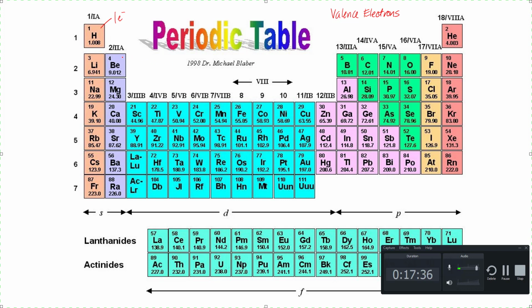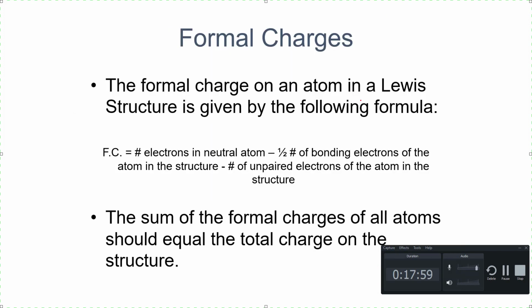We won't do much this semester with alkaline earth metals, but they would have 2 valence electrons. Boron would have 3, carbon would have 4, nitrogen 5, oxygen 6, halogens 7, and 8 for the noble gases. So we need a periodic table in order to determine the number of valence electrons.